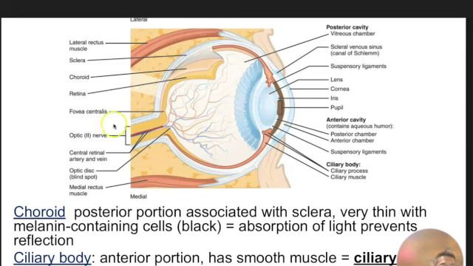Down here, back here, we have the optic nerve. The optic disc right here is called the blind spot, where, because of these vessels, you can't see. Fovea centralis, this is one I wanted to find. Fovea centralis right here, you see that little dip?